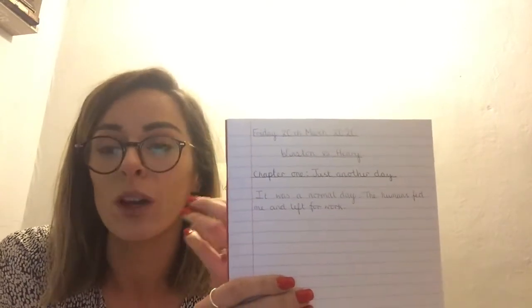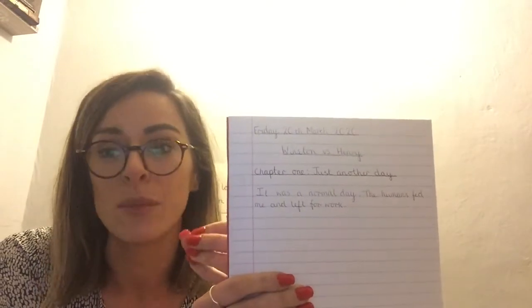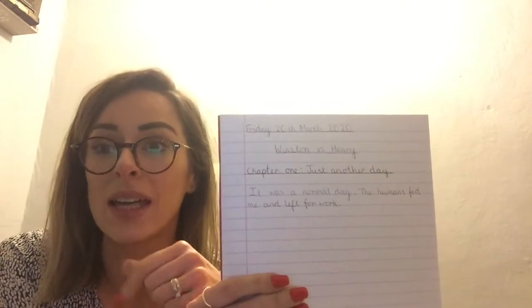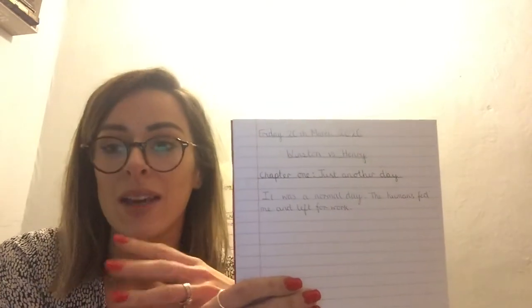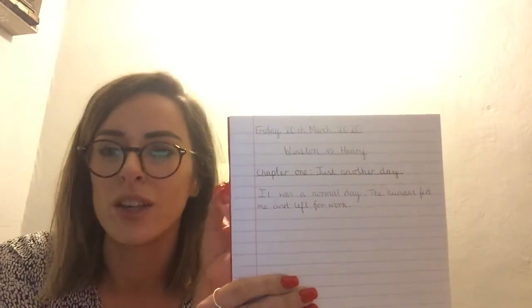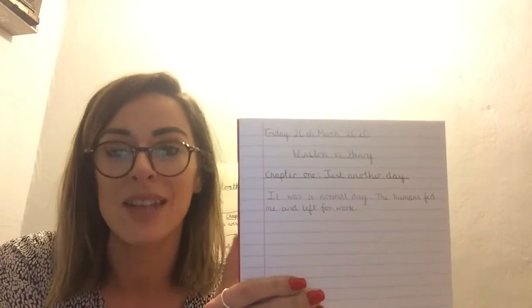For effect, I want to grab my reader's attention with a short, very simple sentence. And I can go in later and add some more complex vocabulary and maybe an adverbial opener or a relative clause. But to start off with, I just want a really simple sentence. So this is what's in my head.